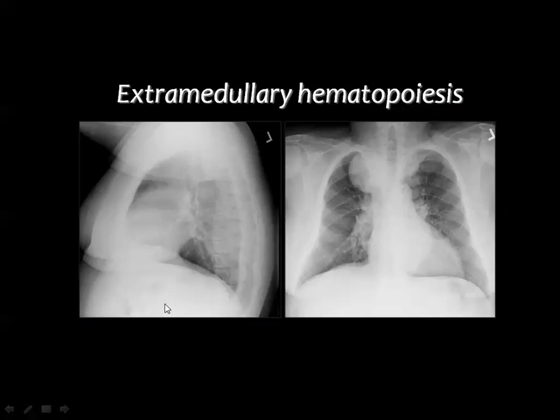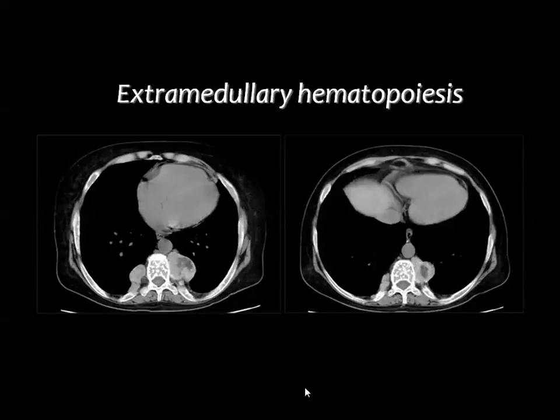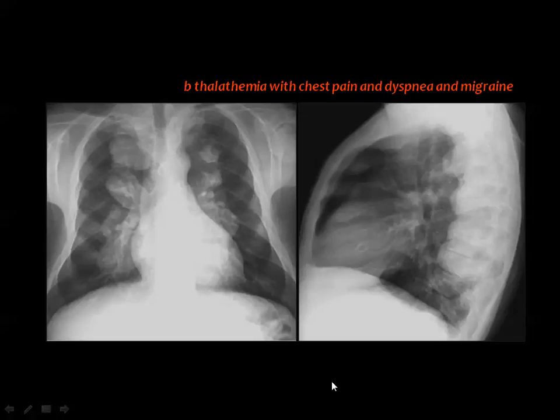And in the chest X-ray, there is a well-defined soft tissue mass in the upper part related to the mediastinal border. In the CT scan, you see the trabeculation of the vertebrae, the expansion of the ribs, and then you should suspect that these lesions represent extramedullary hematopoiesis.